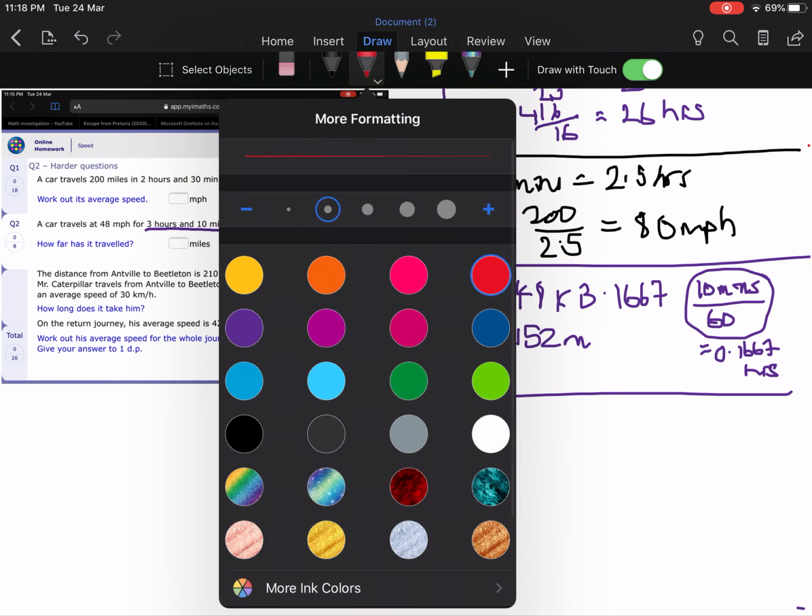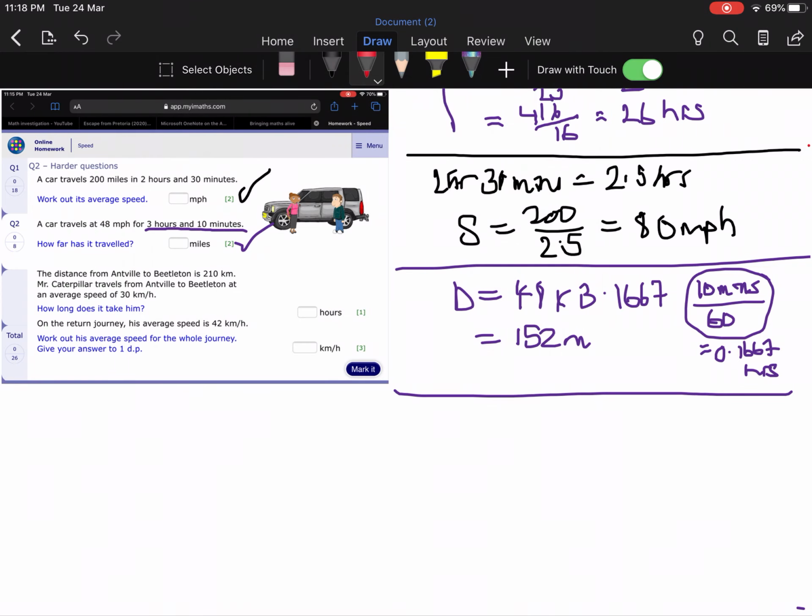Change back to red. It says the distance from Antville to Beaverton is 210. So distance equals 210 kilometres. And Mr. Caterpillar travels at a speed of 30. So speed is equal to 30 kilometres per hour. How long does it take him?